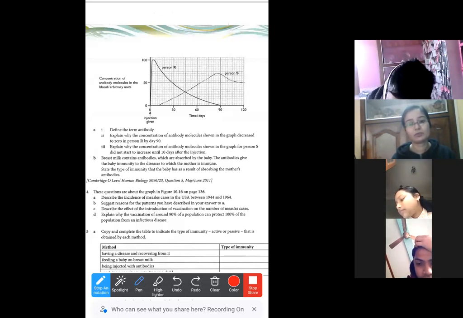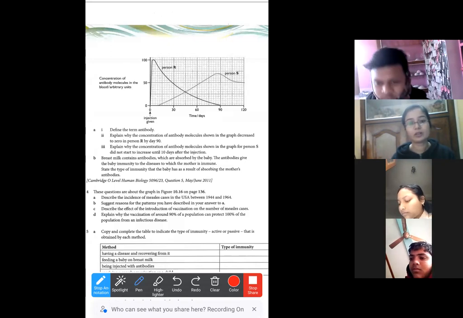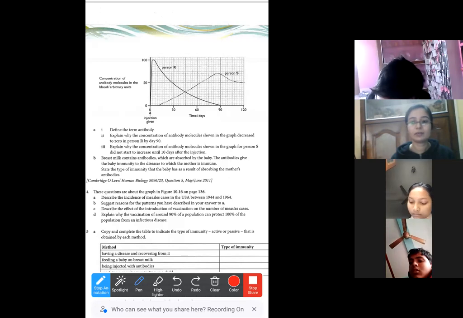For the detection of the pathogen, then put a comma, activation of lymphocyte cells, and production of particular antibody molecules for that particular type of antigen.